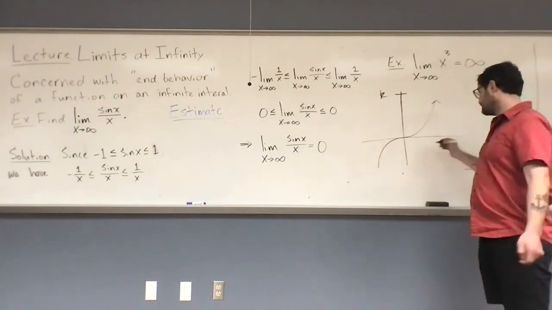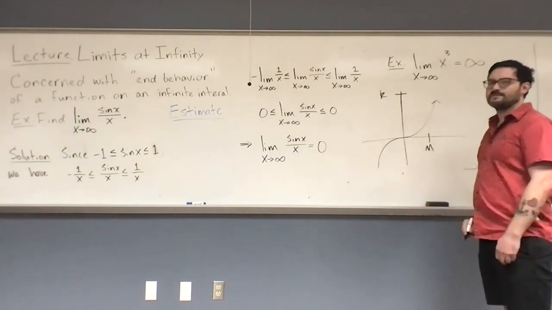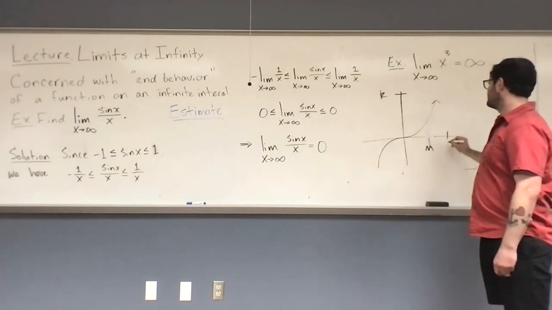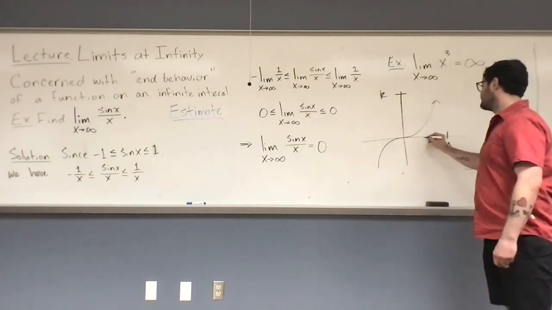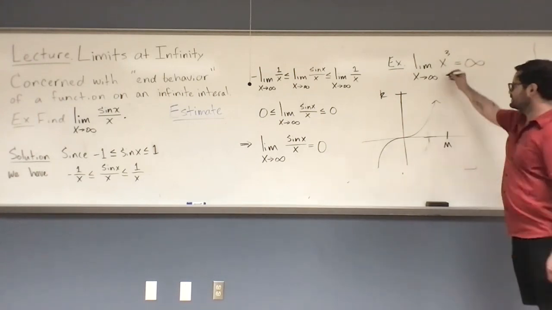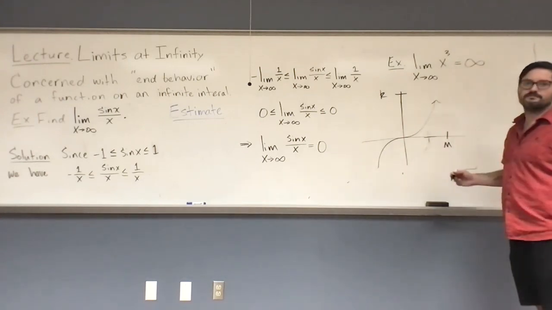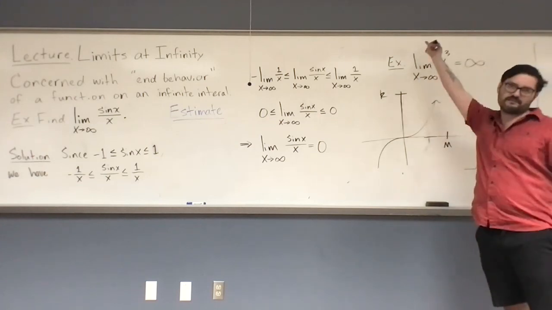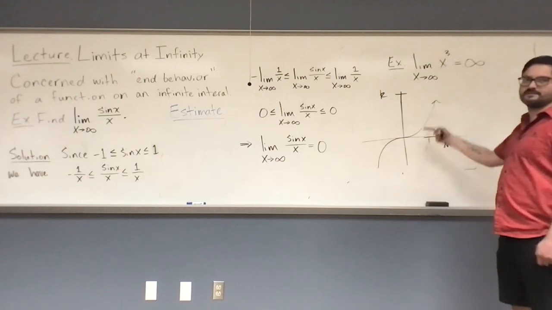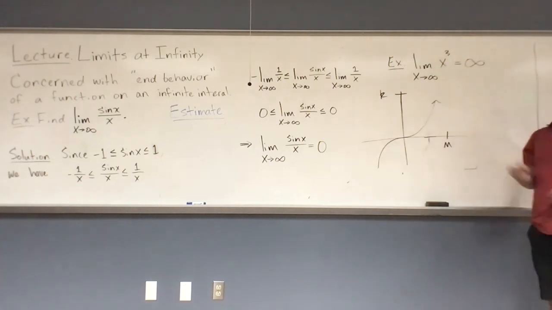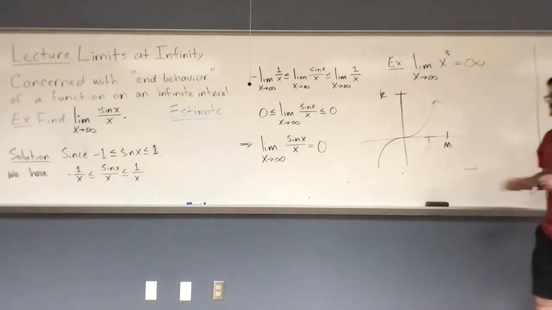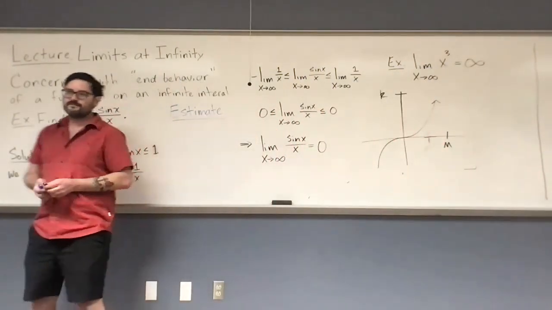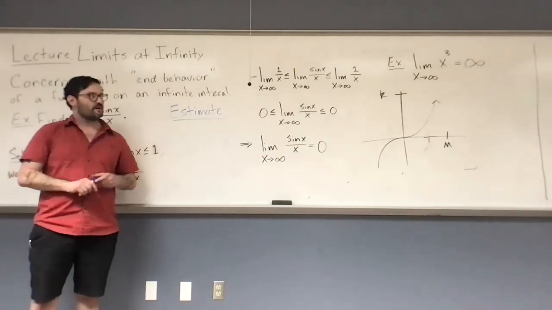Then somewhere on here, there's an m, so that any x you pick beyond it, the output's going to be above k. If you pick any k you want, there's going to be one of these such that it goes bigger than it. That's what this definition means. And the term that I use is called unbounded. There's no upper bound to that function.